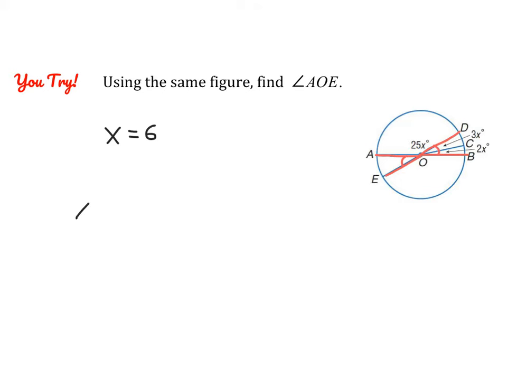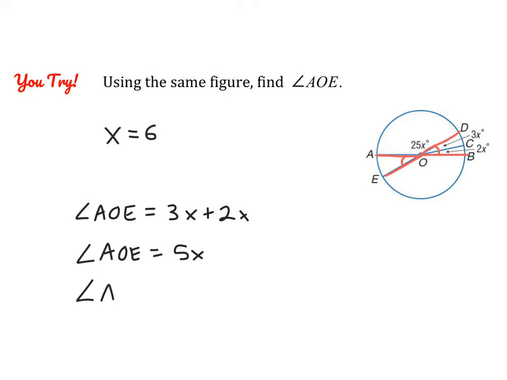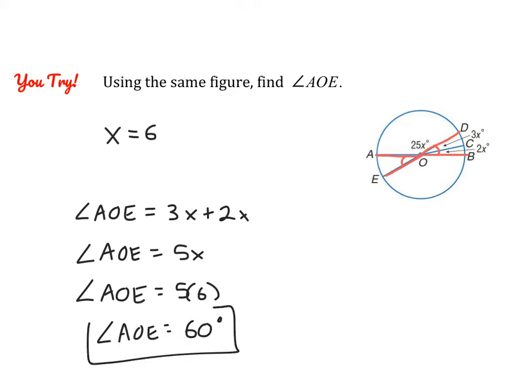So angle AOE should equal 3x plus 2x. So angle AOE should equal 5x, and then I'm going to substitute the x value we know. So angle AOE becomes 60 degrees. So you can see that we're still using information that we learned previously, such as the properties of vertical angles.